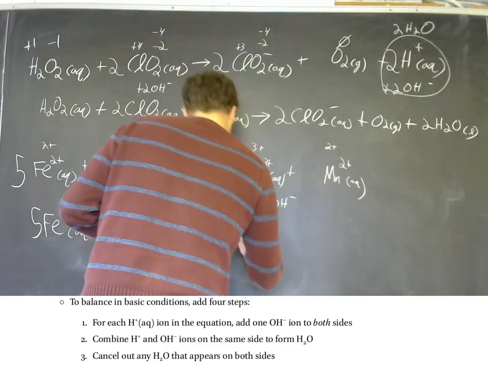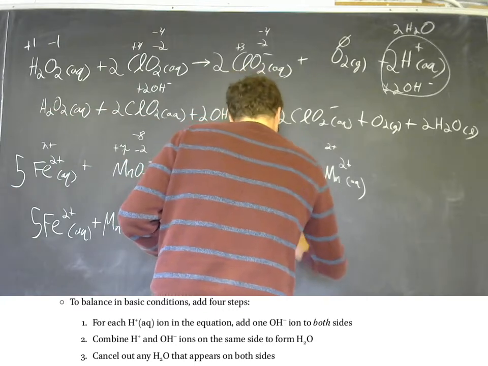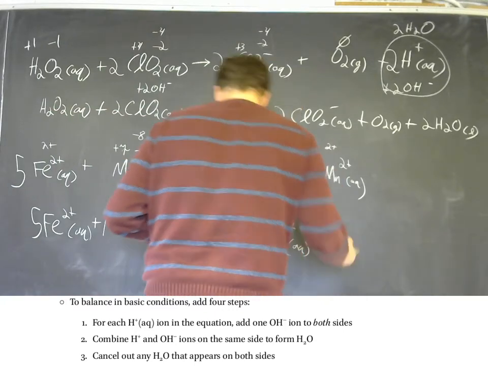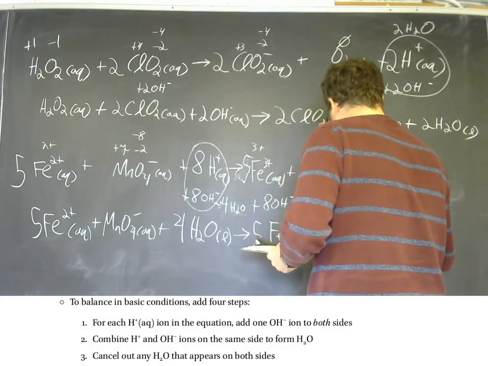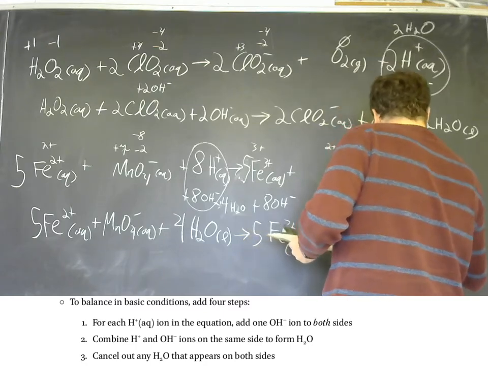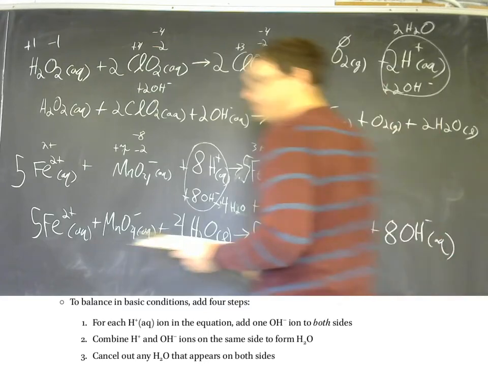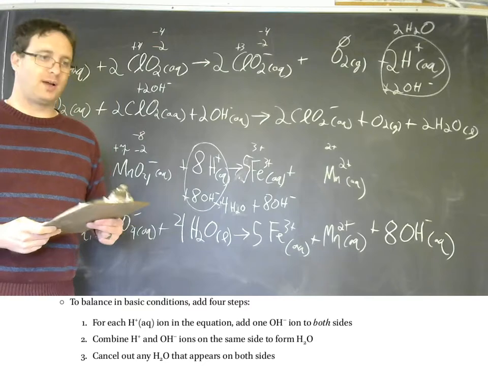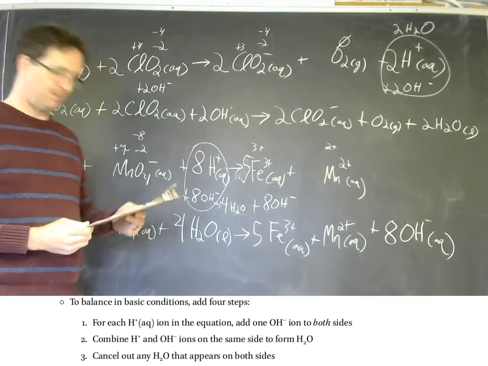And that is going to form 5 iron 3 ions plus a manganese 2 plus ion. And we have those 8 hydroxides now on the product side. And that is the balanced iron 2 with permanganate reaction.